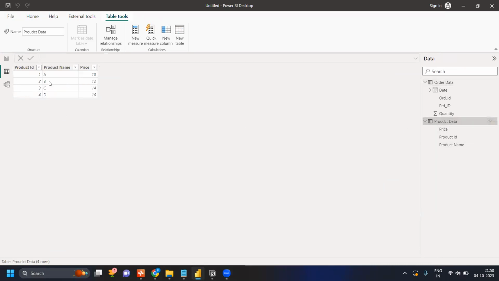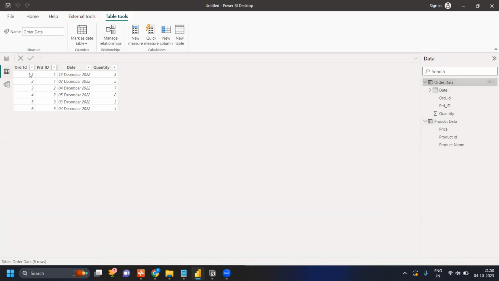This is my product table. The product table contains unique IDs 1, 2, 3, 4, and the names of the products A, B, C, D, and the respective prices. Whereas I have another order table. I have unique order IDs, and each order ID has multiple product IDs, right?